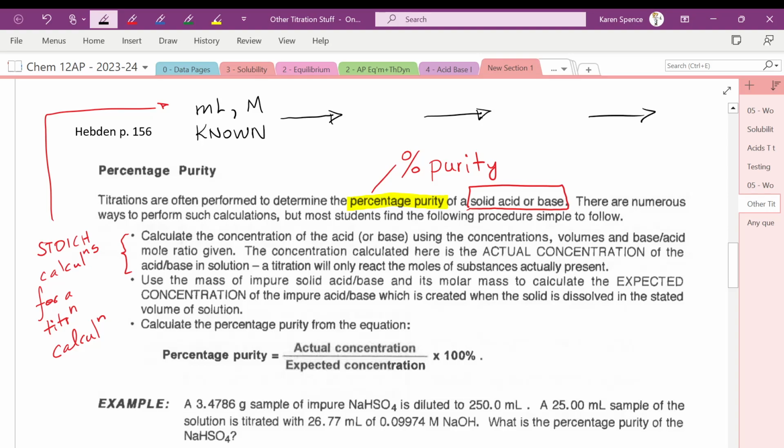The third step can vary. And everybody should be able to fill in what comes after arrow 1 and after arrow 2. What's at the end of arrow 1? Moles of known.